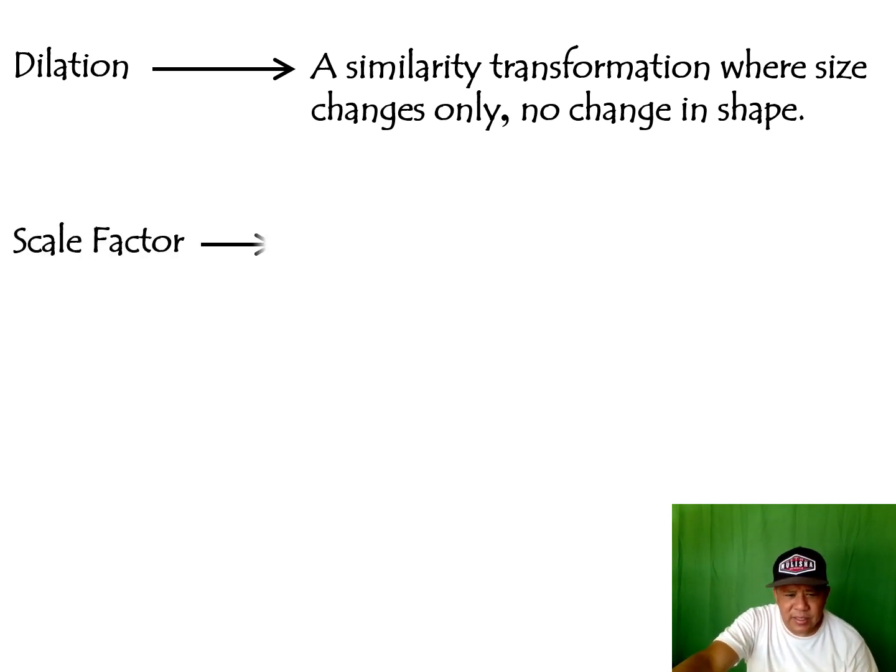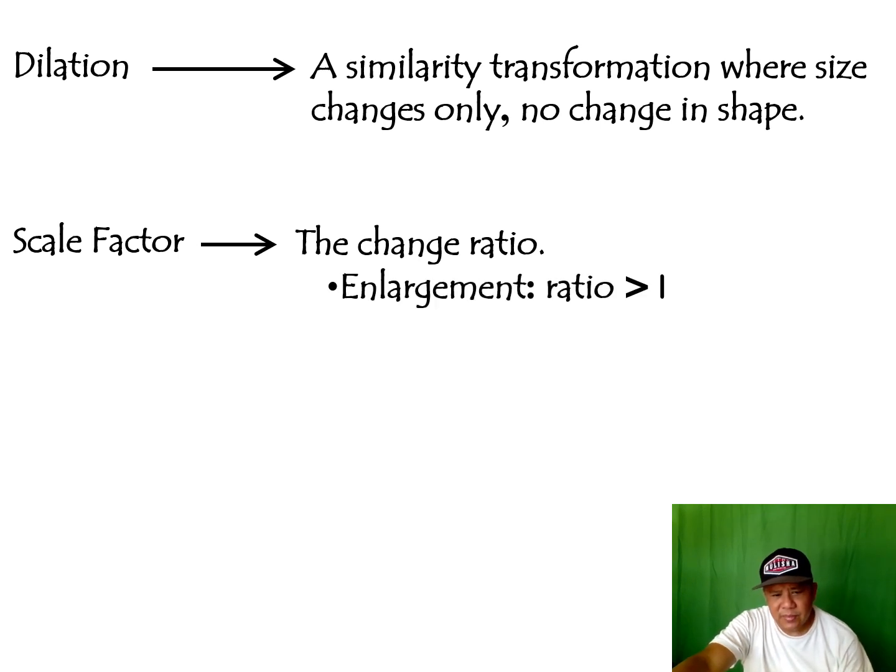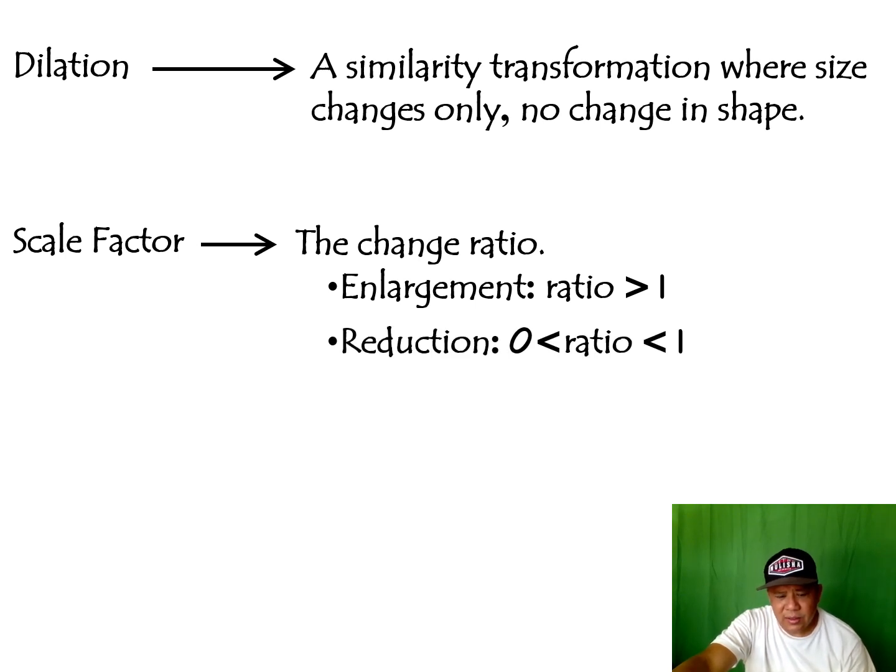And if you remember, scale factor is the change ratio. An enlargement is where the ratio is bigger than 1, and a reduction is where the ratio is smaller than 1 but bigger than 0. So when something shrinks, it's smaller than 1, but when something grows, it's bigger than 1.